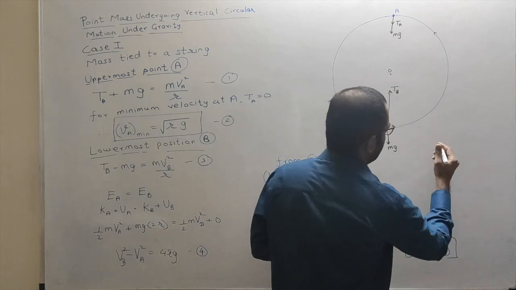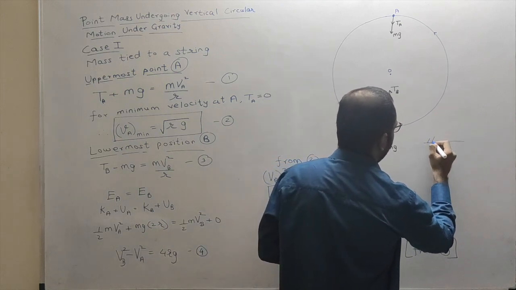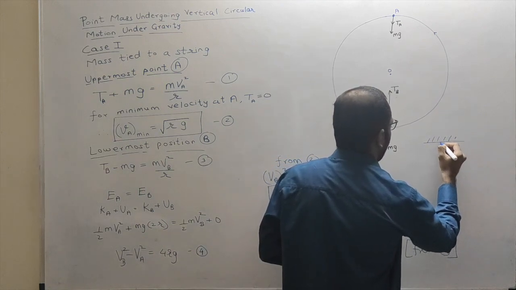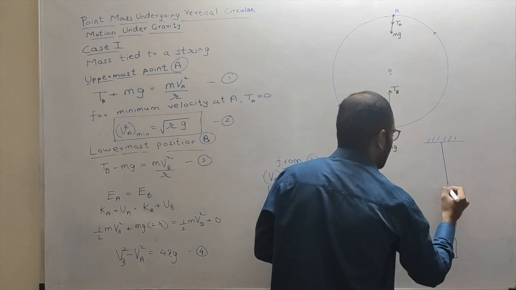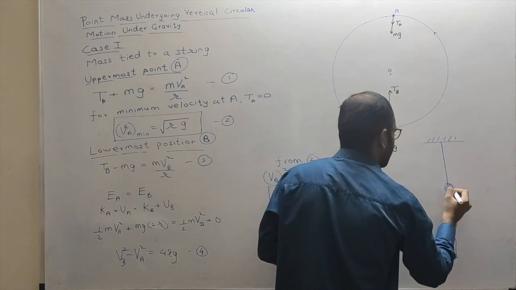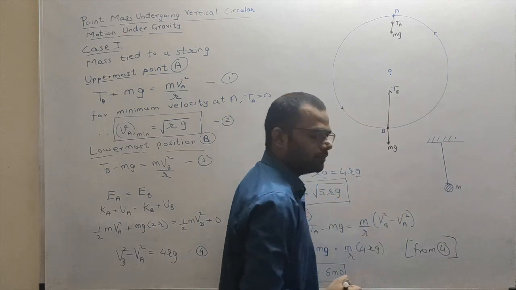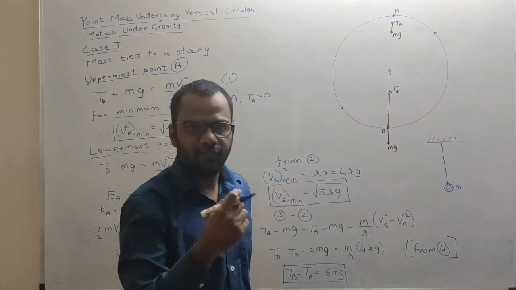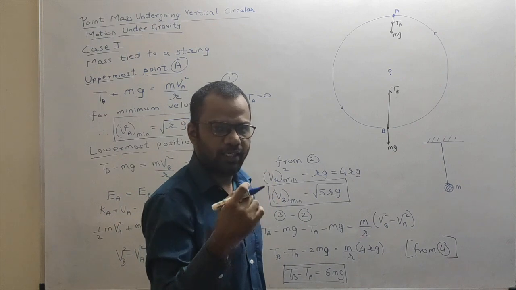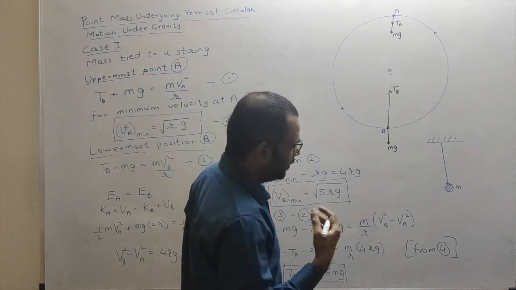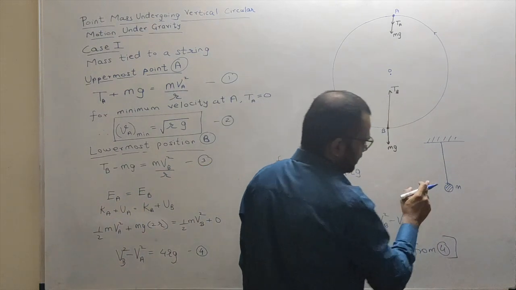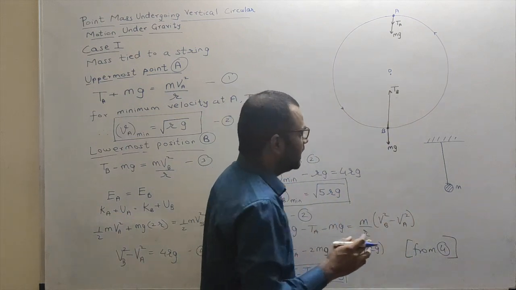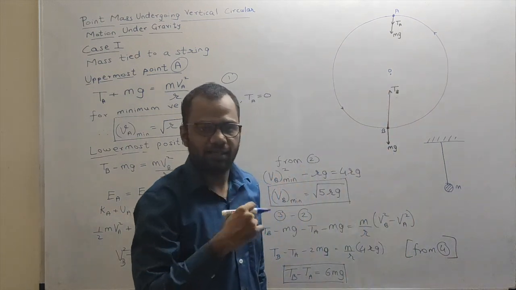Suppose this is some rigid support and I have attached a string to the support. The other end of the string is attached to some object of mass m. The mass of the string itself will be extremely small, so it will be neglected, or we will say that the string is massless. Even in our case, we will say that the string is massless.